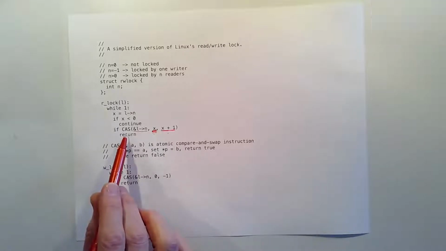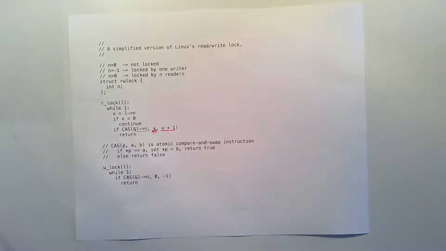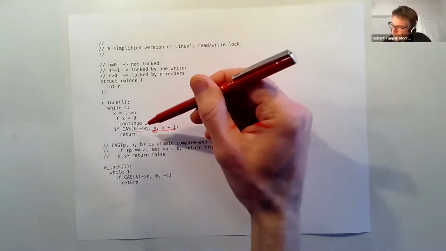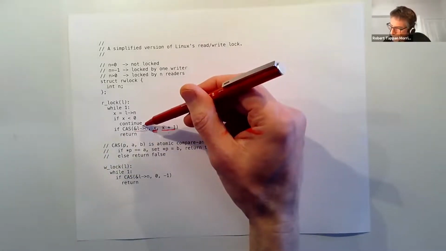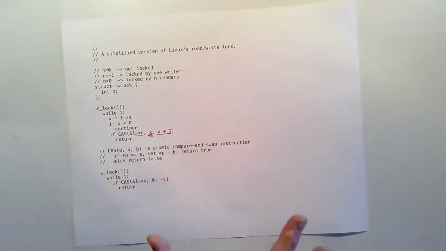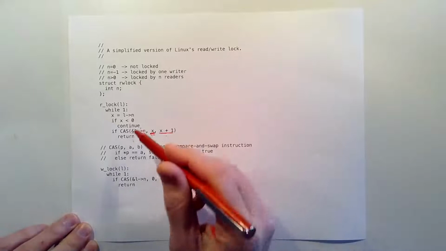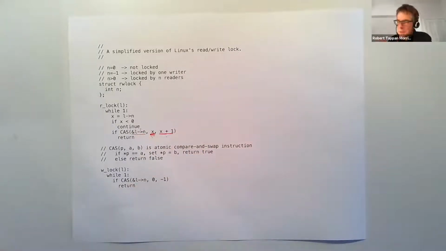What happens if a writer locks the lock between when x is being computed and, say, right here? Okay, I'm not sure I understand exactly what time you're asking, but it's absolutely a good question.